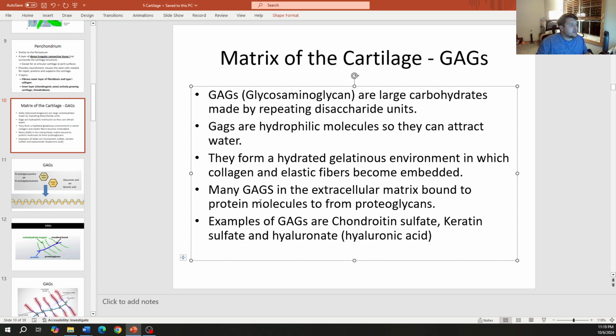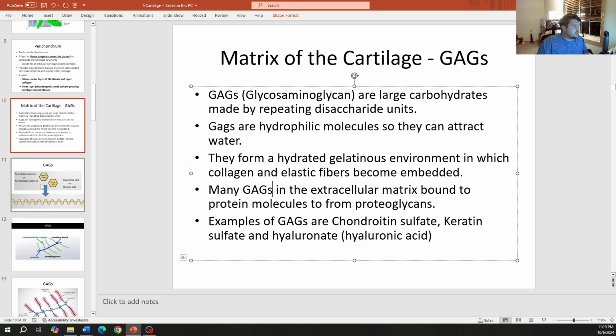Okay. Many of these GAGs, the glycosaminoglycans in the extracellular matrix, are bound to protein molecules to form proteoglycans, such as chondroitin sulfate, keratan sulfate, and hyaluronic acid.